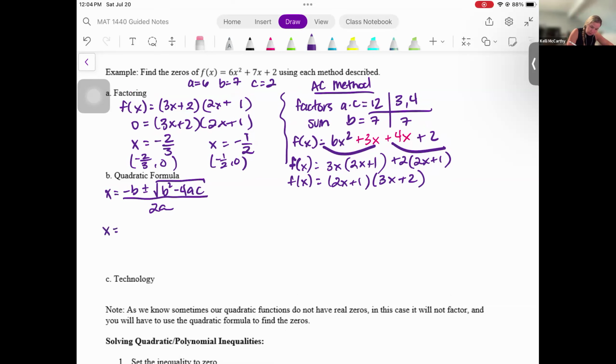We get x equals negative 7 plus or minus the square root of 7 squared minus 4 times 6 times 2, all divided by 2 times 6.